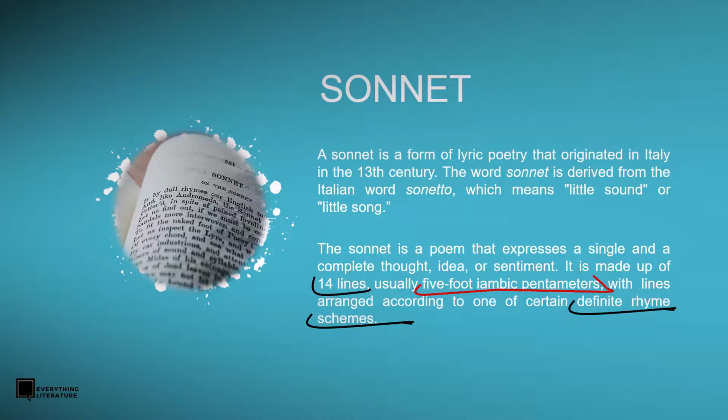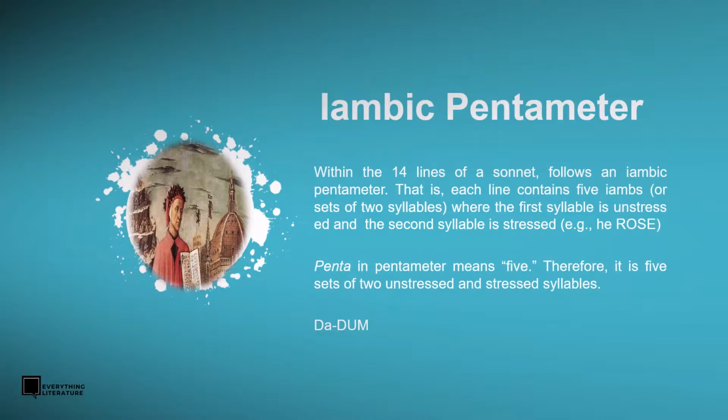What makes this little sound is the fact that we make use of 5-foot iambic pentameters, and these are arranged in a way whereby they make rhyme schemes at the end of the day. The A, B, A, B, or should it be A, B, B, A, kind of depending. And possibly you want it to end with a couplet, or you don't want it to end with a couplet.